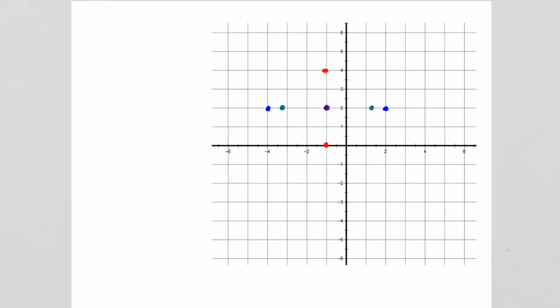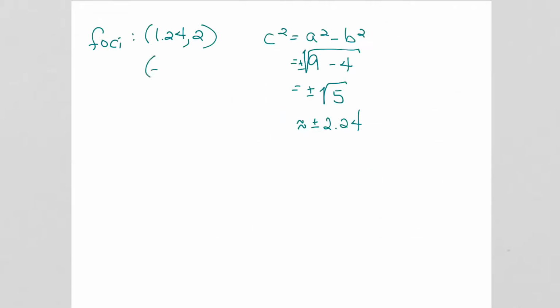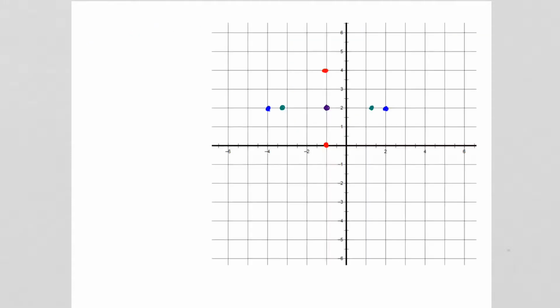And then the other focus would be at negative 3.24, 2. And now we can draw our ellipse.